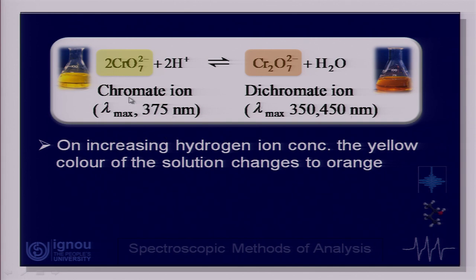We can even see here that the chromate ion has a lambda max of about 375 nanometers, whereas dichromate ion absorbs around 350 and 450 nanometers. That means there is a change in the composition of the absorbing medium.